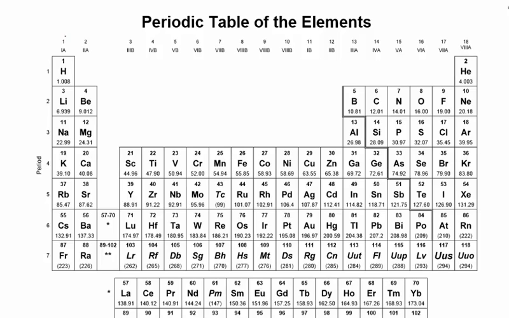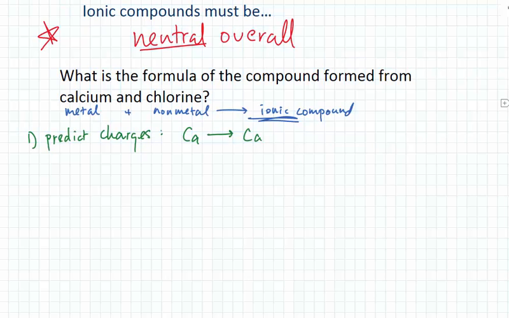In fact, what's helpful for a lot of students is writing these charges: 1 plus, 2 plus, 3 plus for aluminum and gallium, and then going back, 3 minus, 2 minus, and 1 minus for those. That's what we talked about last time. So calcium will form a 2+ ion. That's going to be key to what we're doing here.